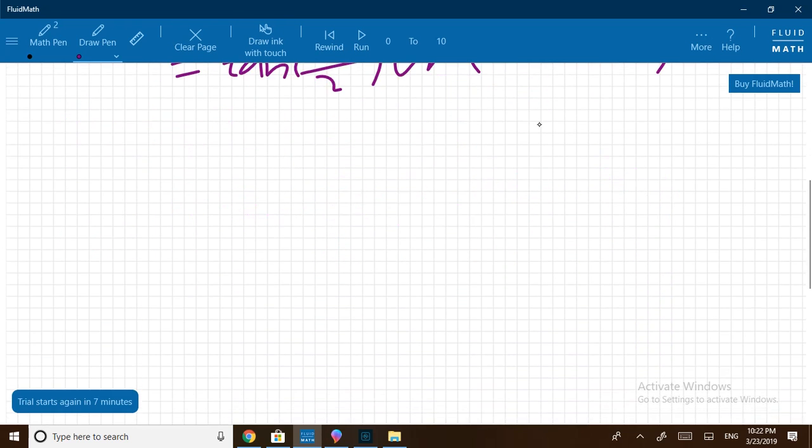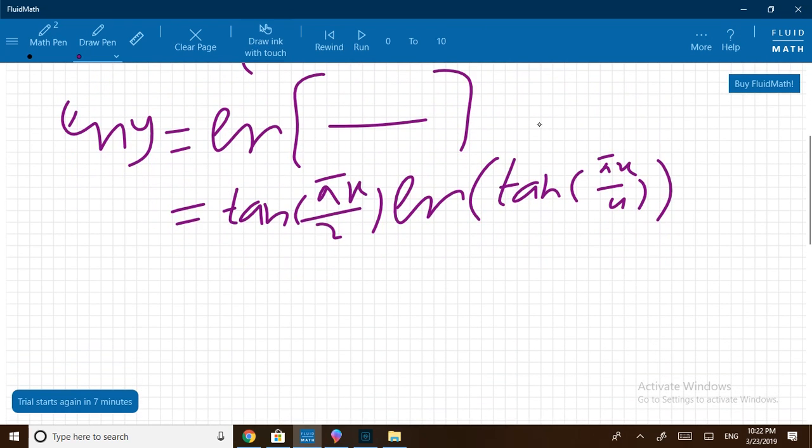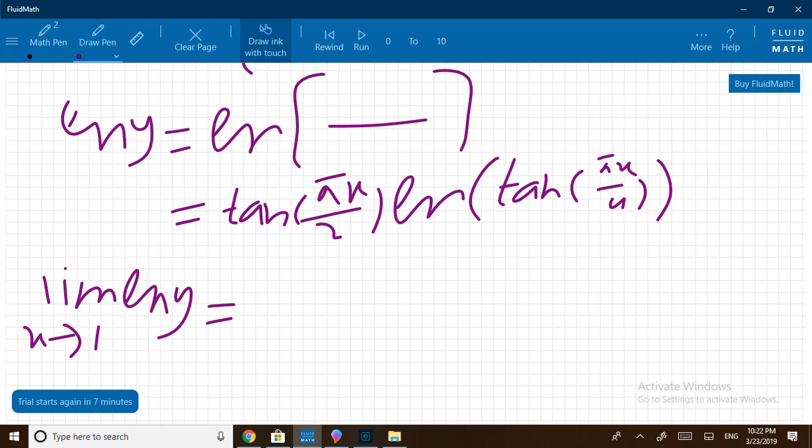And now you can take the limit. The limit is as x approaches to 1. So natural log of y is equal to the limit as x approaches 1, and this whole term will be over here.